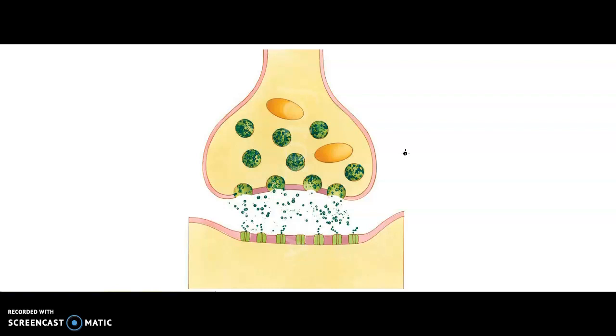But spatial summation is when different neurons are sending signals at the same time. So it has inputs from different locations, and that can also cause it to go above threshold. But most of the time, it's usually a combination of both.